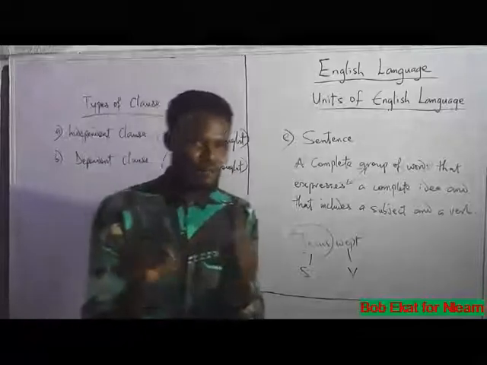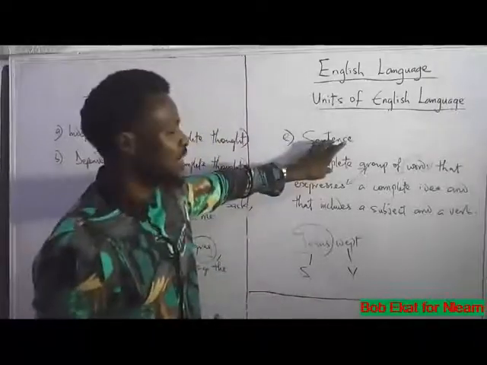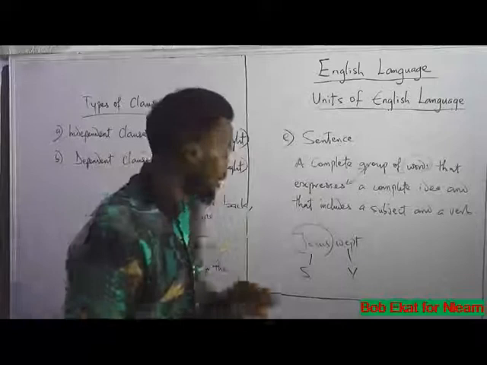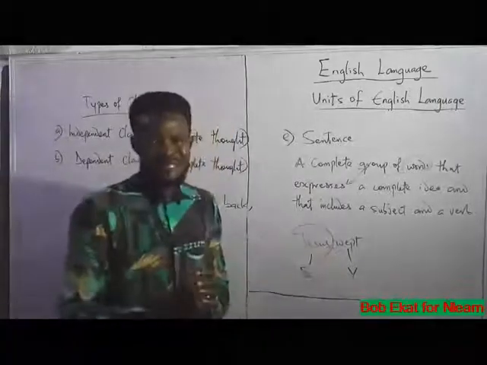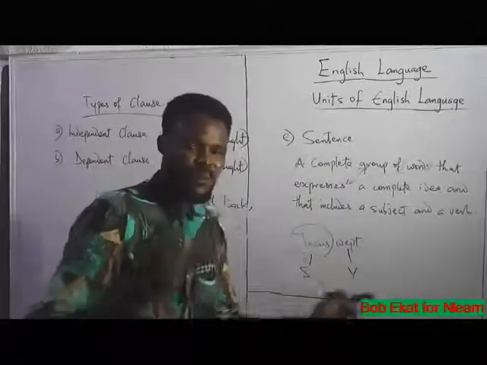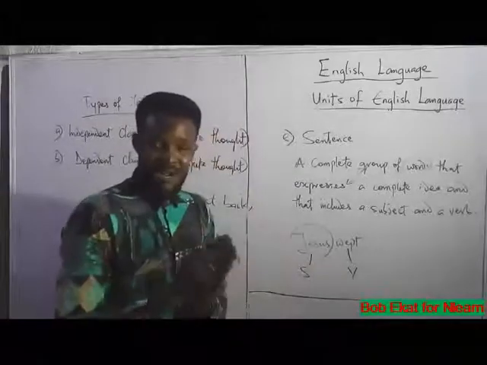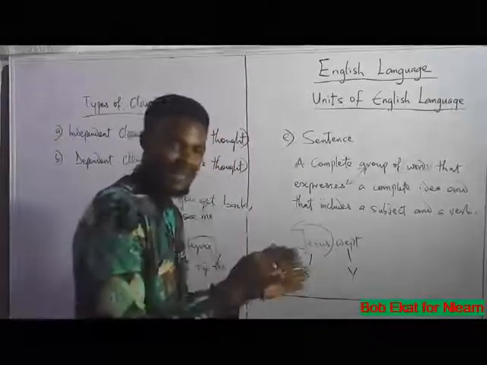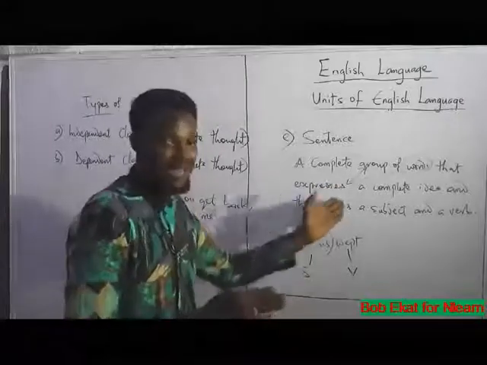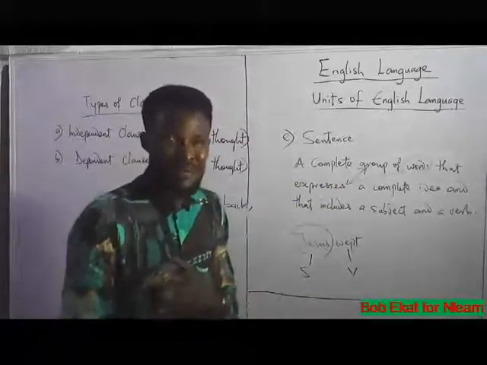So in line with this definition of sentence, this qualifies to be a sentence because it has two words which are both subject and verb. And as we have said here, a sentence must have a subject and a verb.